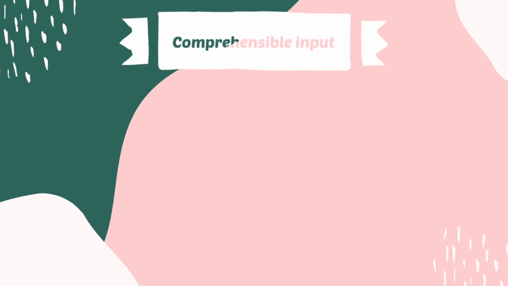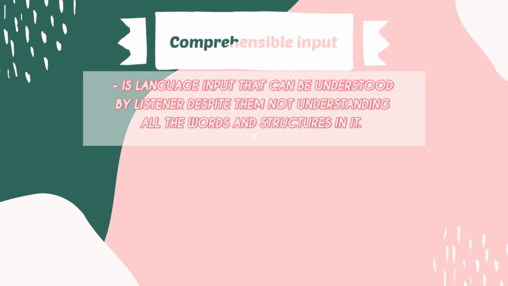So, when we say comprehensible input, it is language input that can be understood by the listener despite them not understanding all the words and structures in it. It refers to language that is intelligible but just a little more advanced than the student's current ability to understand it. This means that the overall message of the language is clear even though some words and grammatical structures may be unfamiliar.